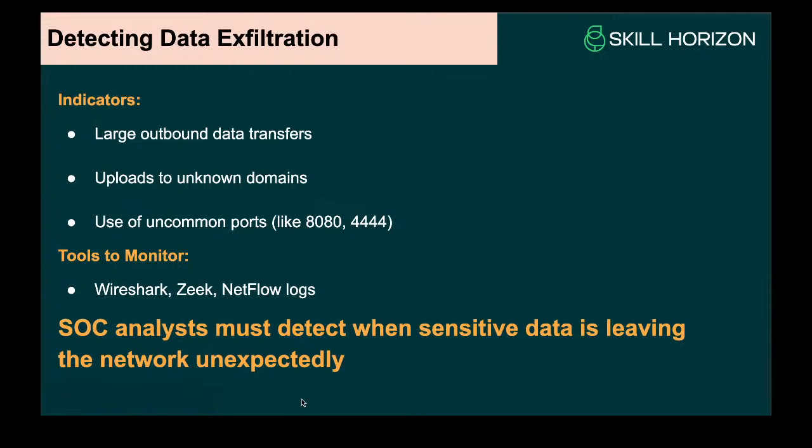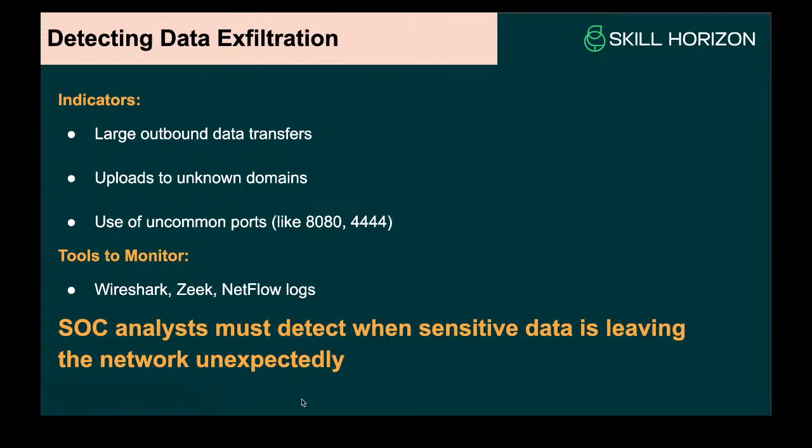The indications are large data transfers and uploads to unknown domains. Your data will be uploaded to unknown domains, and you see data transfers in a very large amount. Another indicator is the use of uncommon ports, like 8080, 4444, 1234, or 2121.